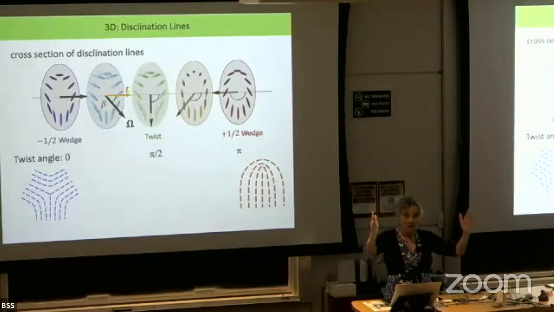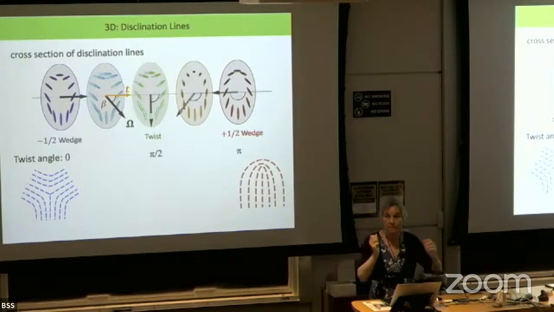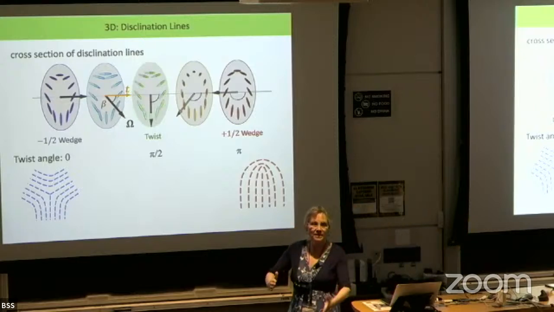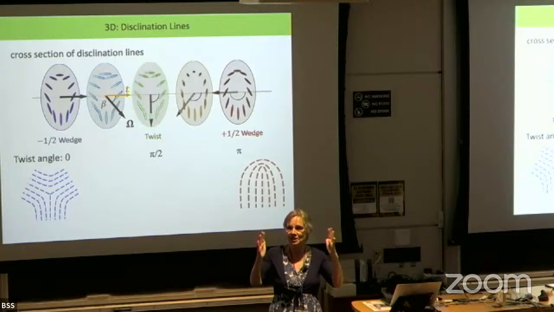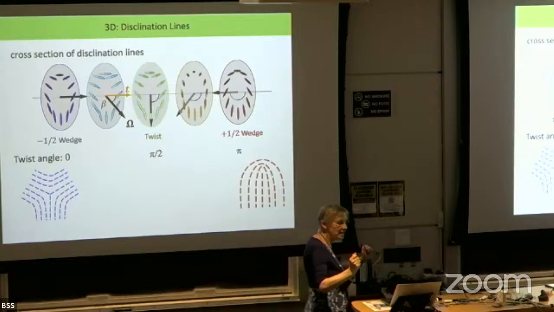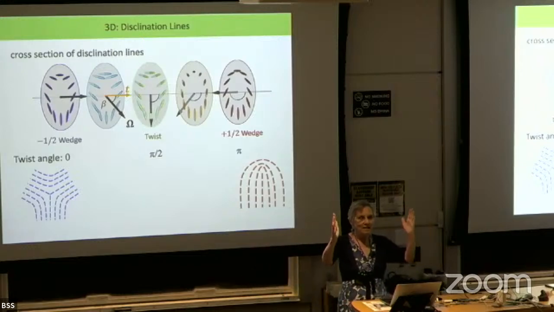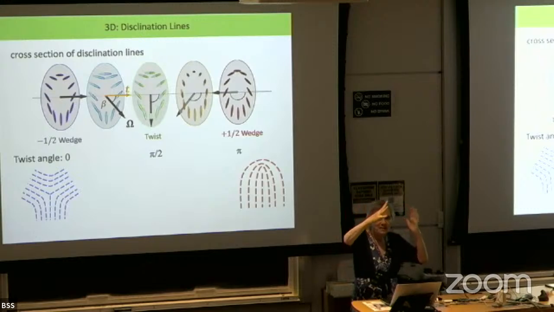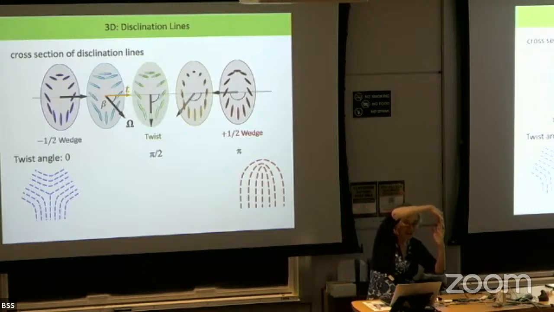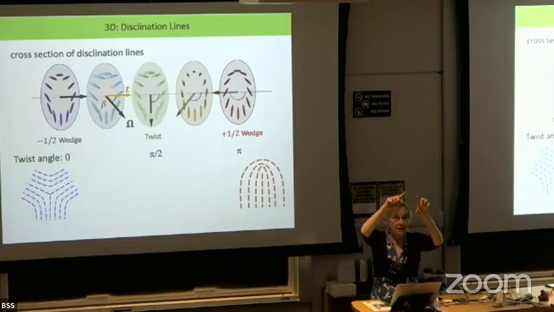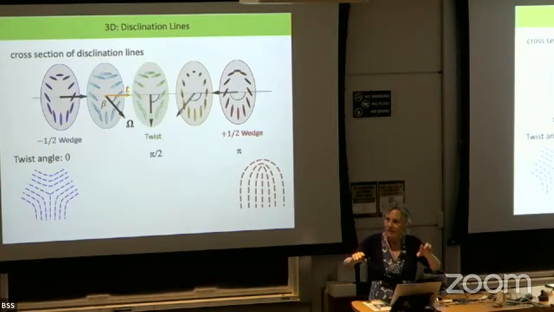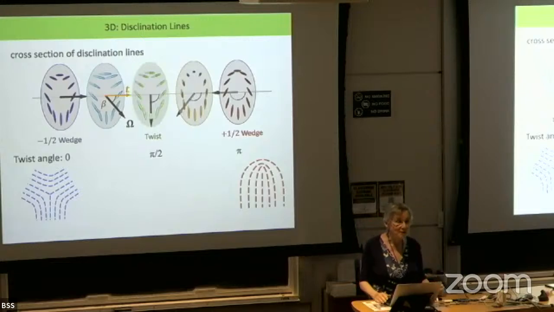And the real difference is that whereas in 2 dimensions, ±1/2 defects are topologically protected, that's a fancy way of saying they can't change into each other, in 3D, what can happen is that a +1/2 defect can twist out of the plane and turn into a -1/2 defect. So the thing which is topologically protected is the whole loop, but around the loop, you can have bits of +1/2 and bits of -1/2 and bits of twist.